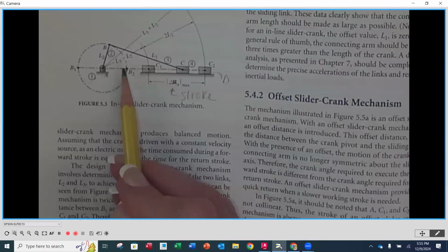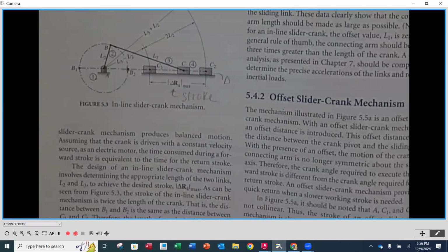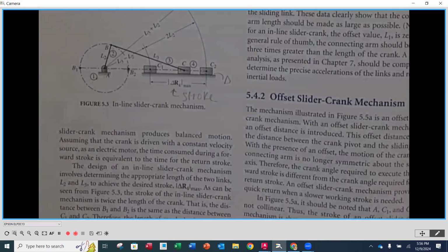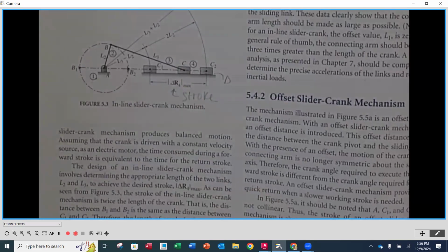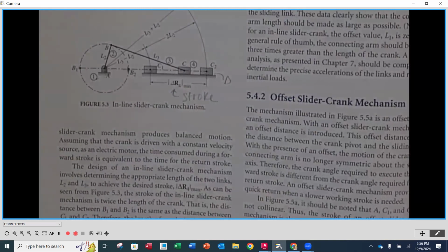So the distance between B1 and B2 here is the diameter of the circle that the crank makes. Half of that is going to be the length of our crank, and that is half of what the stroke would actually be. Does that make sense to everybody? Do you see that? So L2 is really easy to determine if we know the stroke.